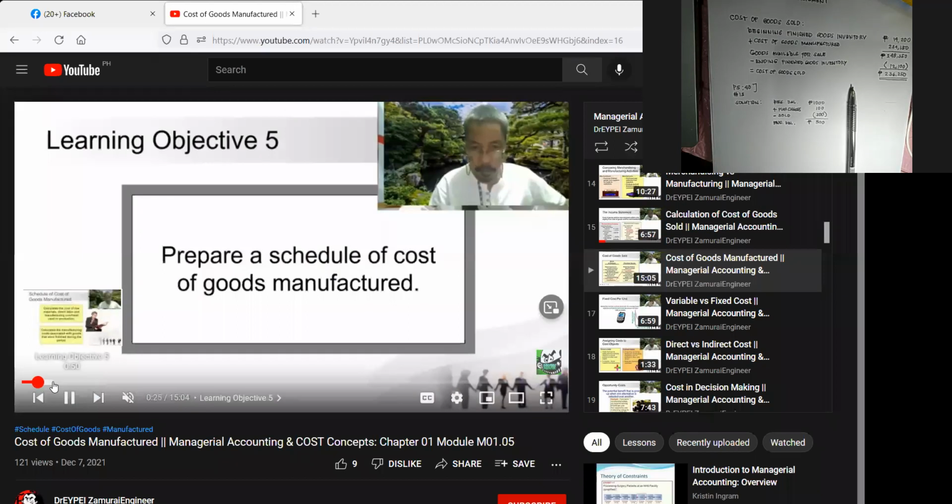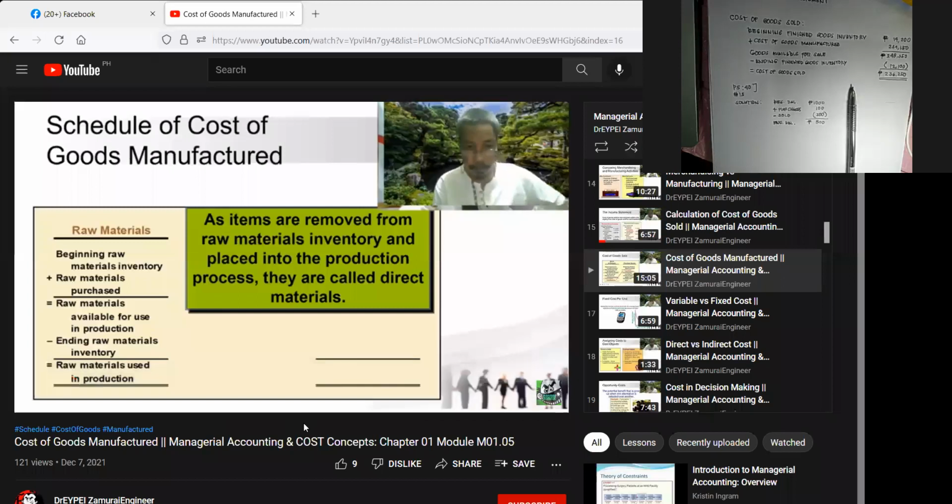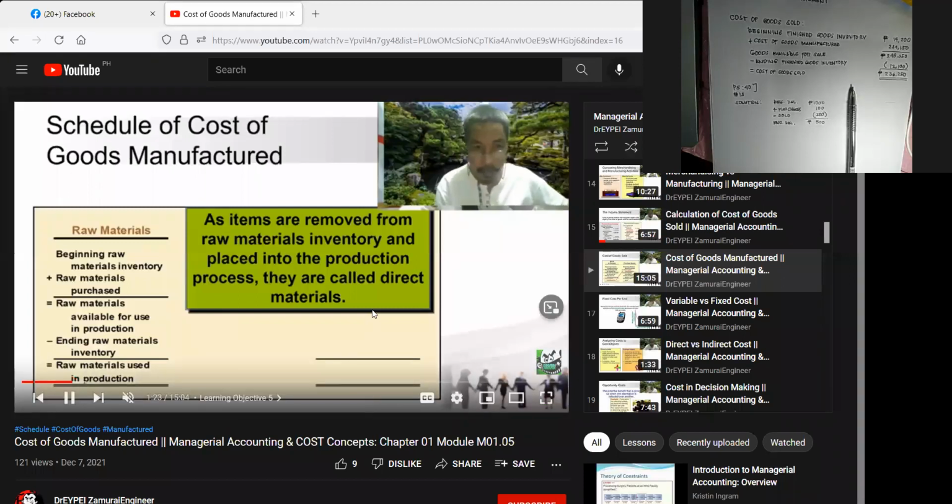Schedule of cost of goods manufactured. Okay, so we have the following recording. We are now on the part of the income statement. This is again a format.